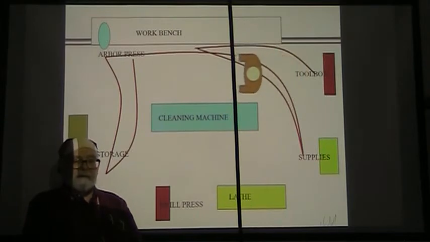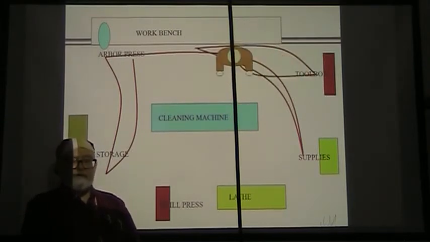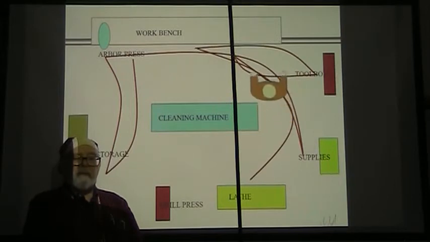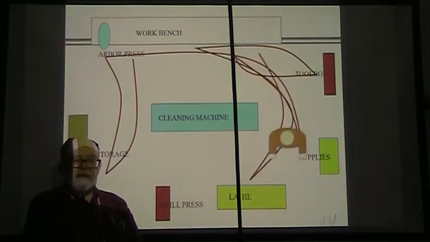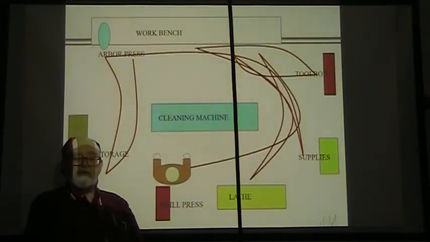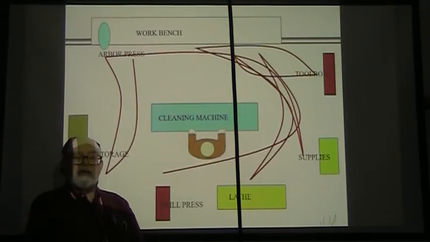Then he goes back to the workbench and comes down to the lathe to do part of the operation. Goes back to the workbench and goes over to the drill press and then here to the cleaning machine.